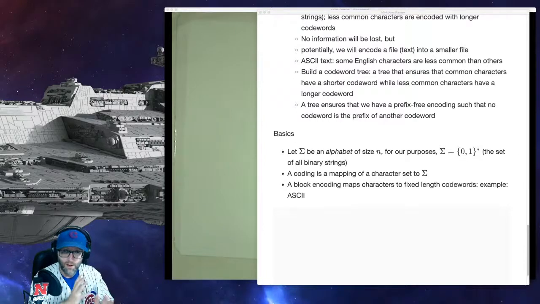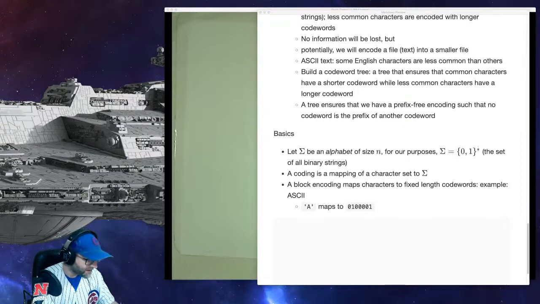So A maps to 0 1 0 0 0 0 0 1. I believe that's 65 in decimal.